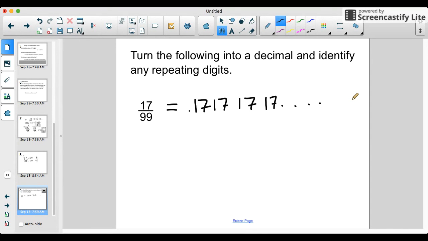So what we're going to do is indicate the repeating digits. In this case, we are going to indicate that both the 1 and the 7 are repeating. So we're going to have our decimal point. We're going to write our 17, and we're going to write a line completely across the 1 and the 7 to indicate that it is a repeating value.